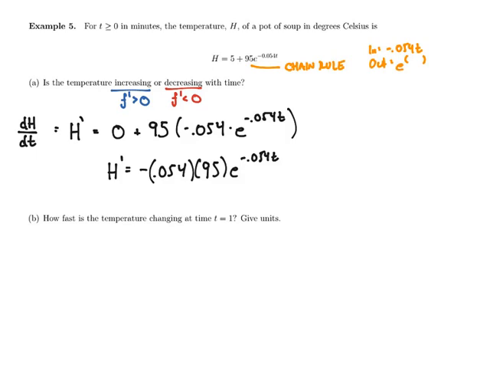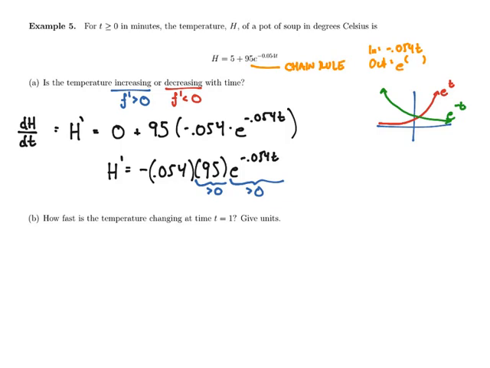We may notice that this 95 is something that's greater than 0. E to anything is going to be something that's positive. That's because e to the t is going to be always above the x-axis, something like this. Something like this is like e to the negative t. This guy is like e to the t. It's always above the x-axis, always positive.